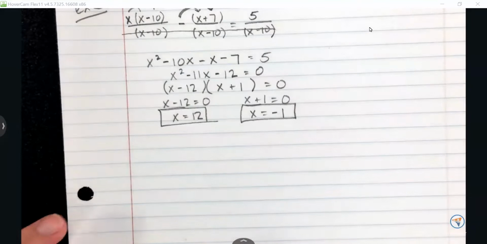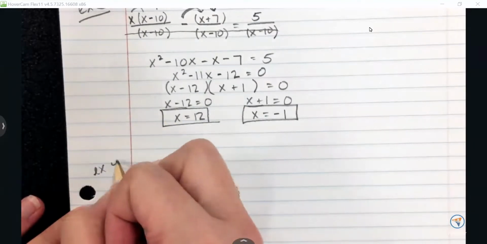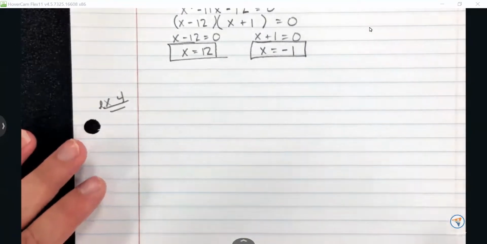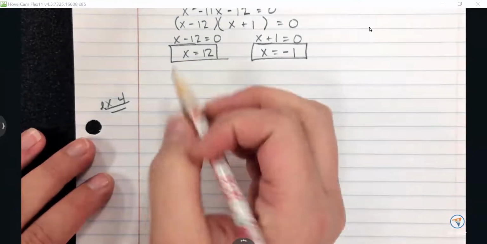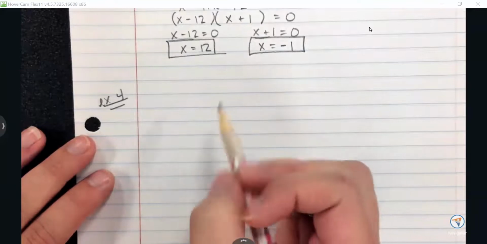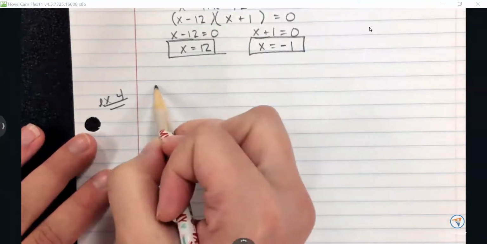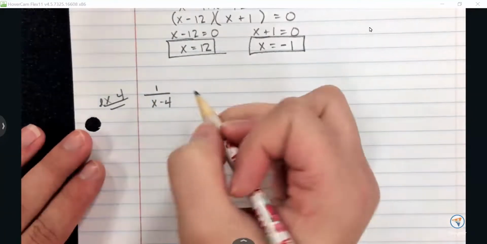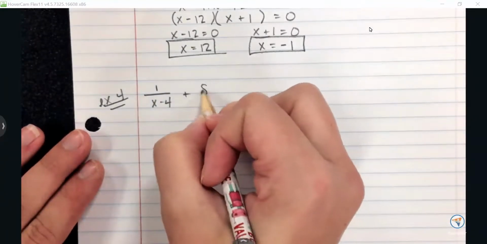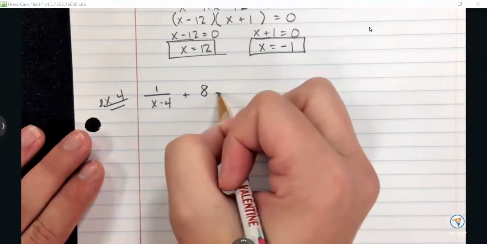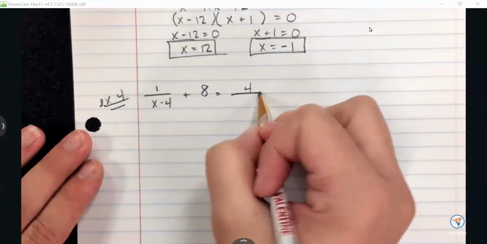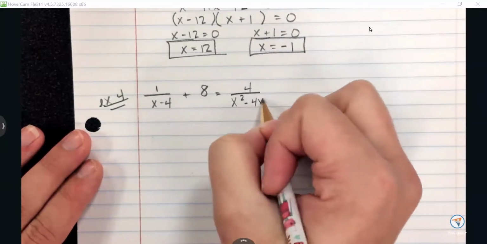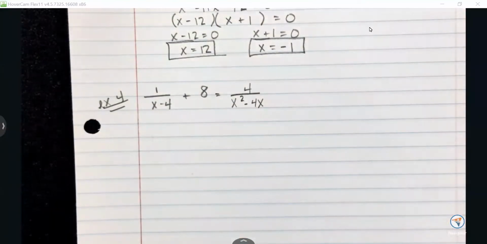That's it. Okay? All right, I'm going to give you one I want you to try. I will help you set it up if you would like, because you do have to find a real common denominator in this one. So 1 over x minus 4 plus 8 equals 4 over x squared minus 4x.